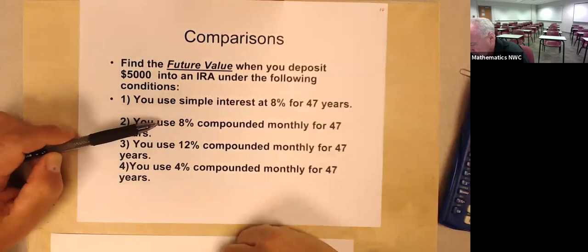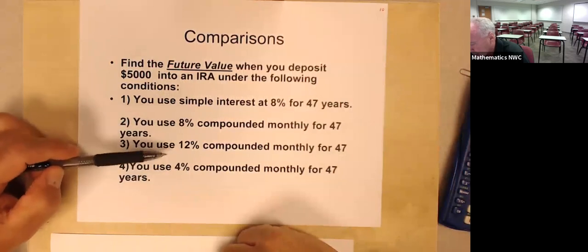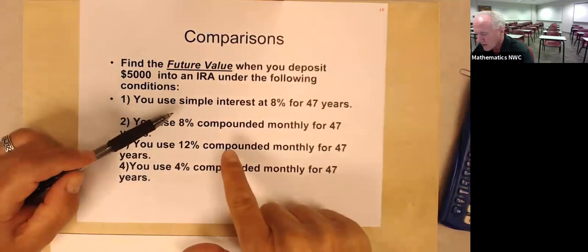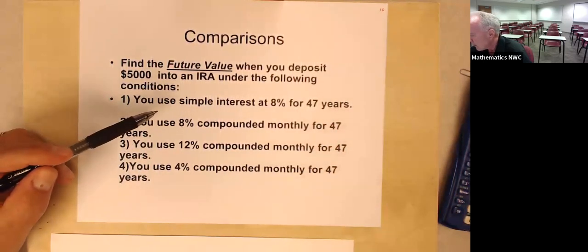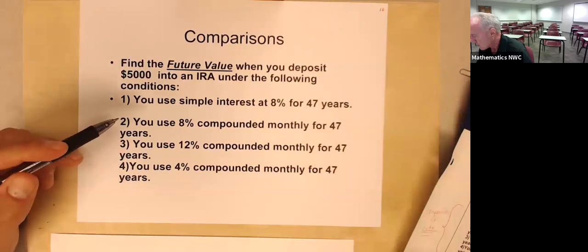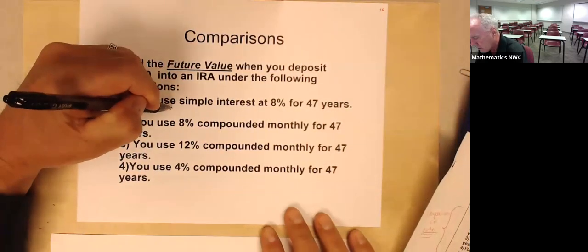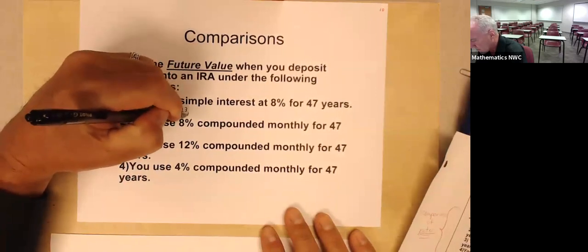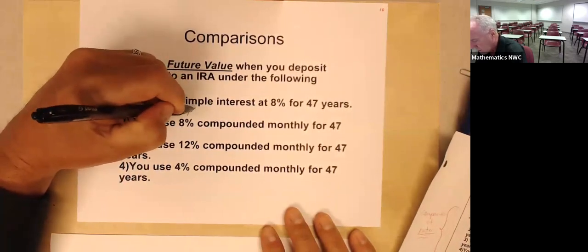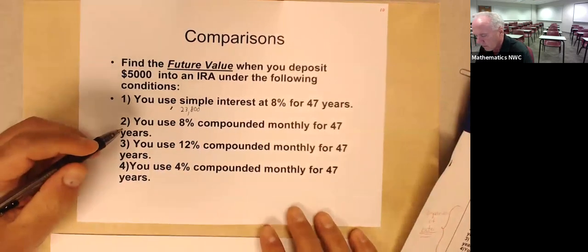This problem is designed to help you understand the difference. We just did the 1 and 2. So I'm going to just copy in those answers once. We did the simple interest. And in 47 years, we got 23,800. That was from the previous couple of problems.